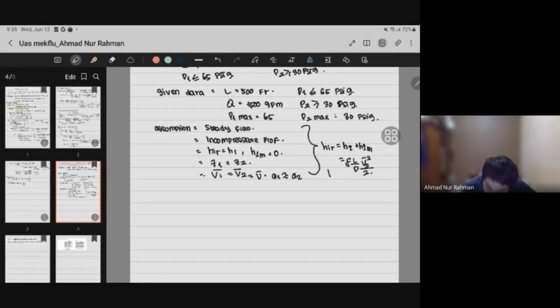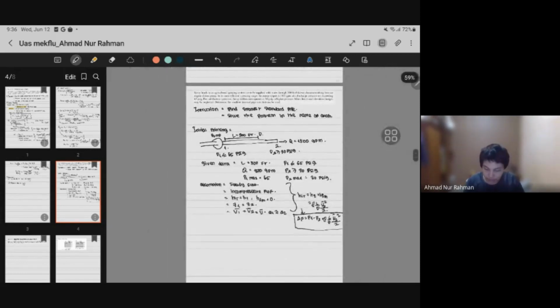So we need to convert to P1 minus P2 equals f L per D V squared per 2. This is the equation we get from the assumptions above.